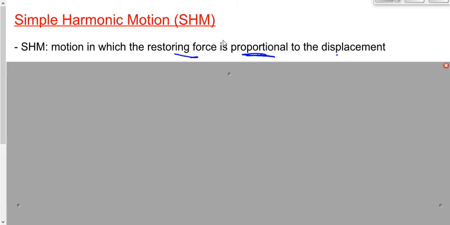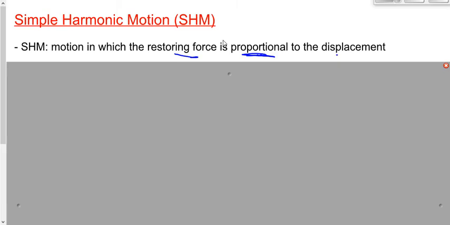Yeah? Good. A spring is a perfect example of that. When you stretch a spring, you know that you have to pull on that with an applied force, but you also know that there's a force pulling back. If you let that spring go, then that restoring force pulls that spring back towards its natural position. Right? Same thing with an elastic. Spring and elastic act pretty much the same way. When you pull back on a spring, pull back on an elastic, there's a restoring force that pulls it back to its natural position.